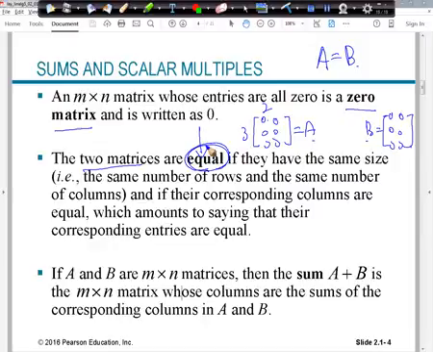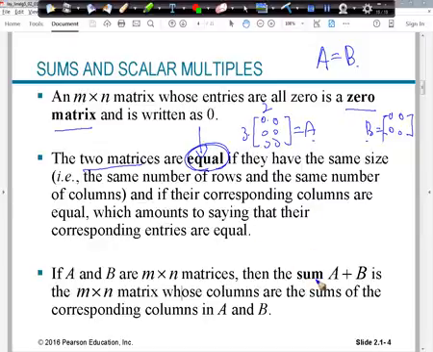And then what if these two matrices do not have the same size? What if our matrix A is 3 by 2 and this one is 2 by 2? In this case, we cannot even say whether they are equal or not, because we only consider matrices of the same size when thinking about equality.